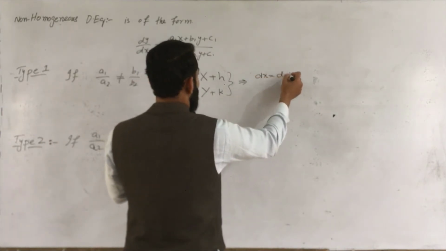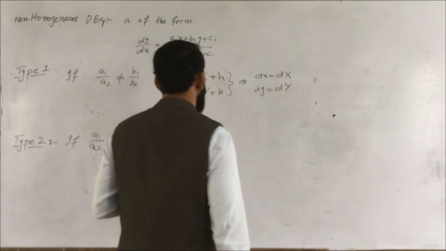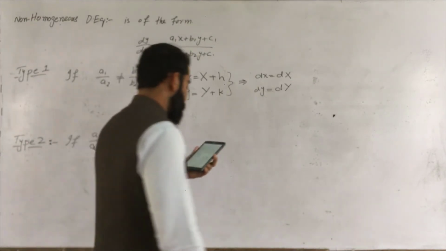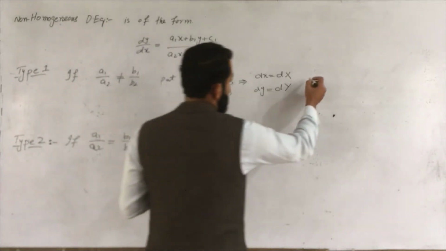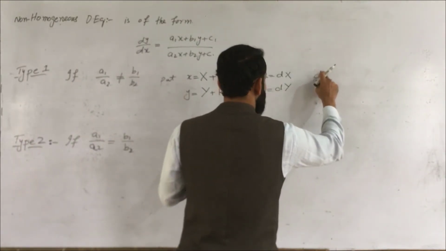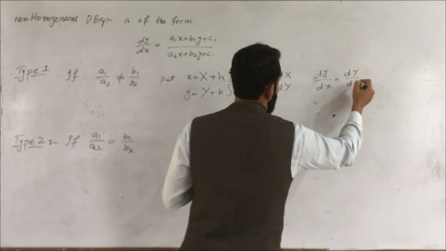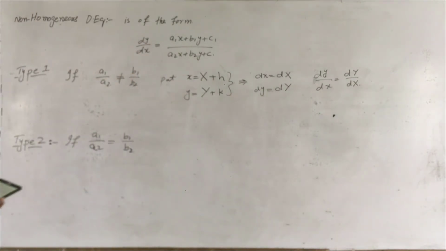Then dx is equal to d capital X and dy is equal to d capital Y. So dy over dx is equal to d capital Y over d capital X. So we can put these values in the non-homogeneous equation.